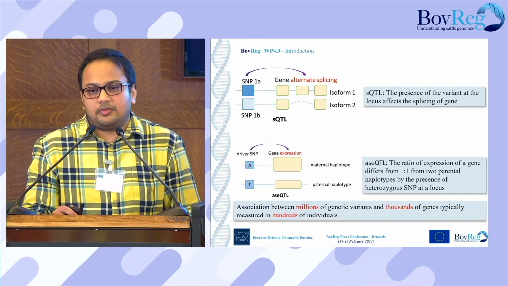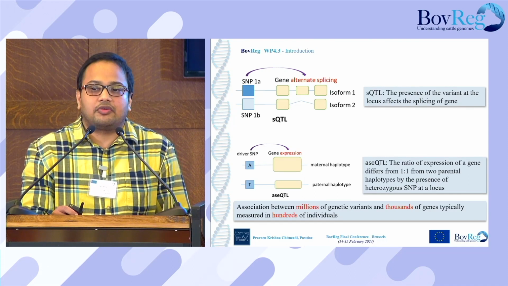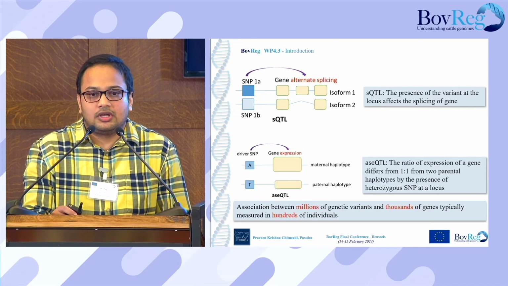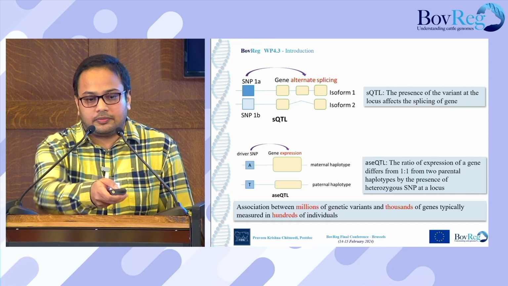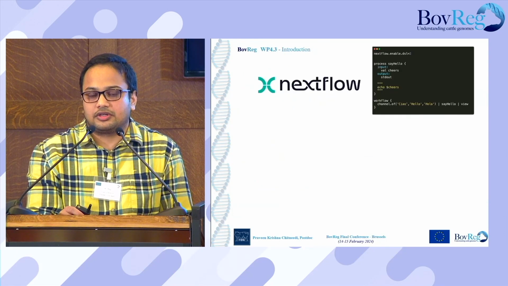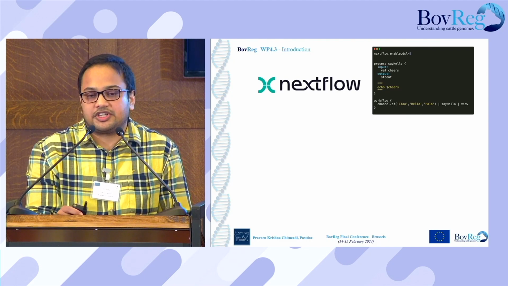To conduct meaningful, significant association studies, it generally requires millions of genetic variants with thousands of genes, typically measured in hundreds of individuals. Compared to GWAS, the eQTL study also requires many intermediate steps for processing the expression data.